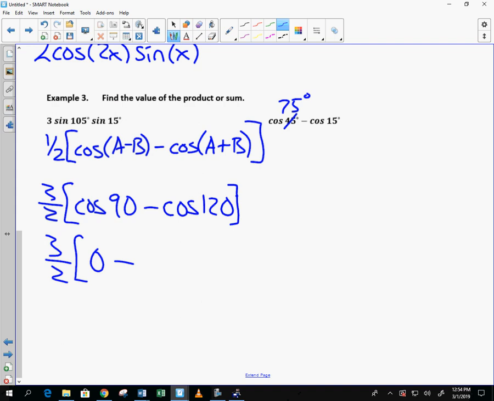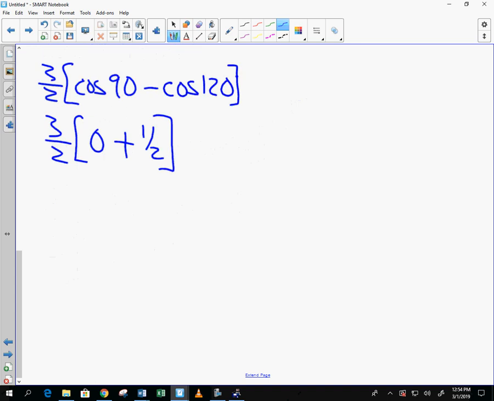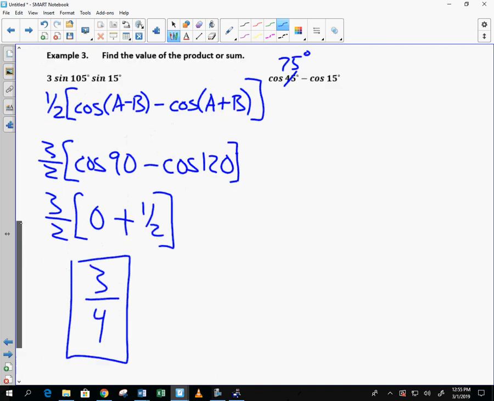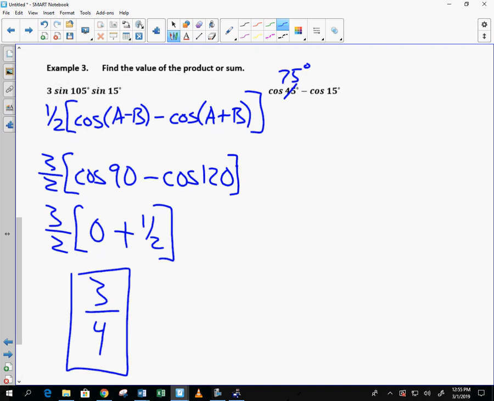Negative 1/2. So it'll be plus 1/2. 0 plus 1/2 is 1/2. Times 3/2 is 3/4. What do you think about that, Emma? Last example.